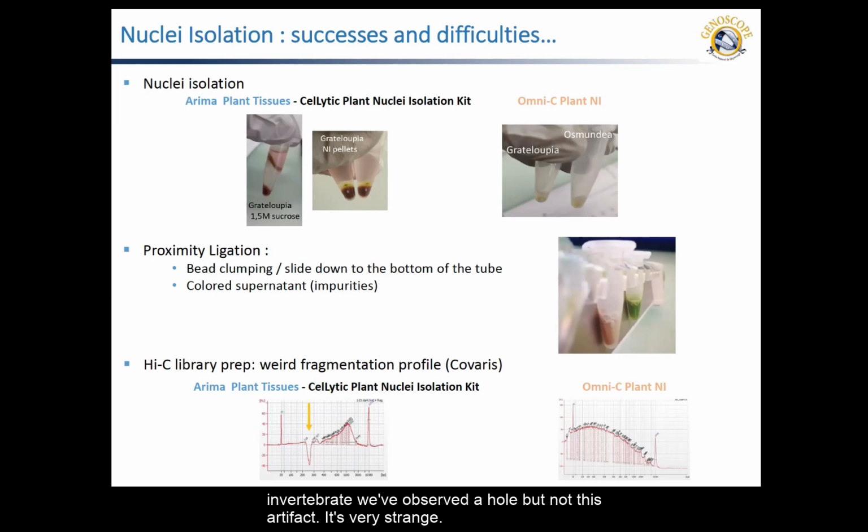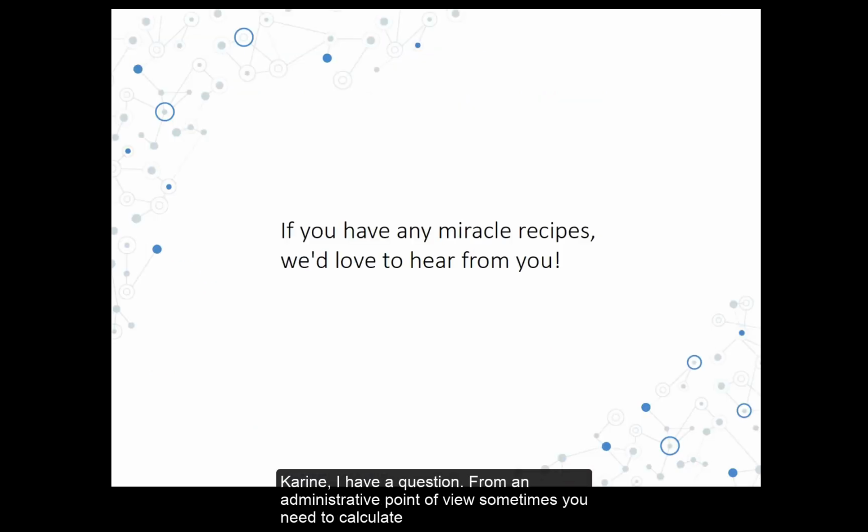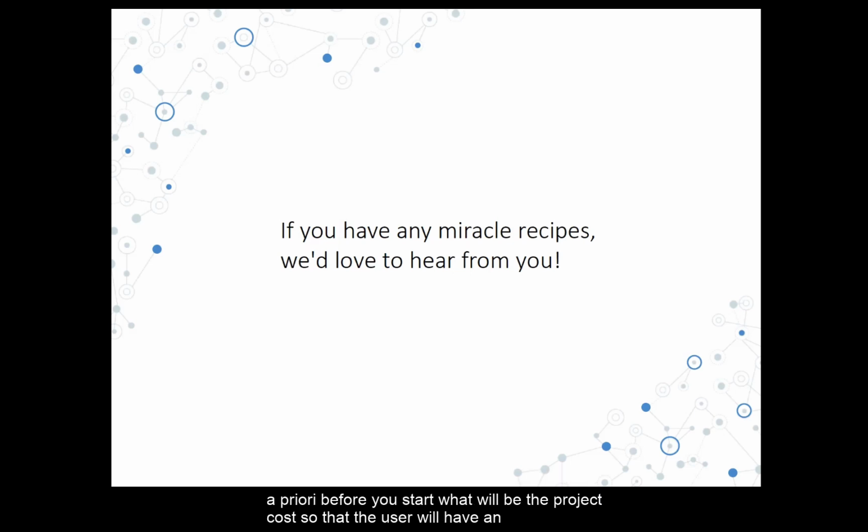It's very strange. Karine, I actually have a question. From an administrative point of view, sometimes you need to calculate a priori, before you start, what the project cost will be, so that the user will have an estimate. Would it be safe for plant samples to include double? Yes. Plants, algae, and perhaps snails and such, basically everything invertebrate, snails or worms.